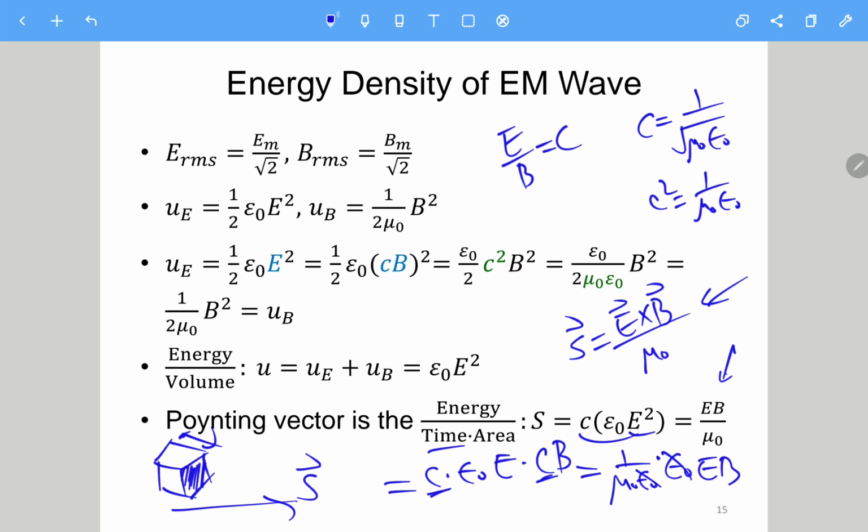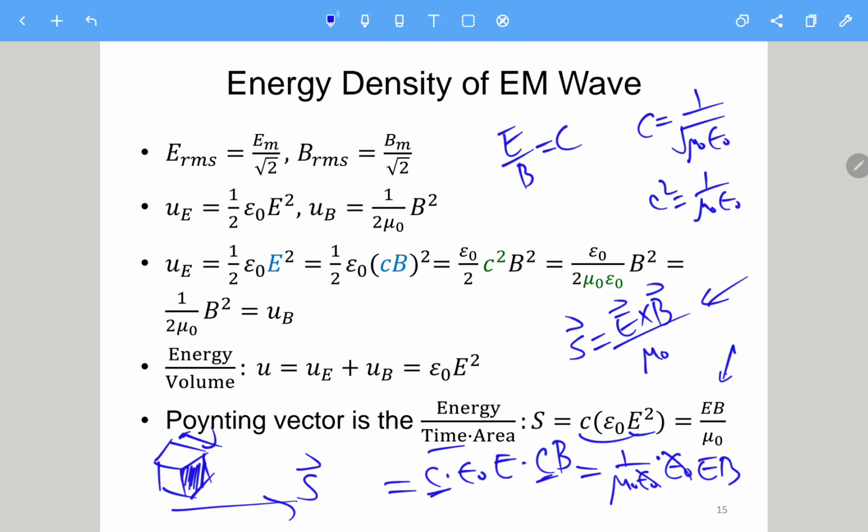Actually, it is according to the solution to the wave equation. And if you just look at the history of electromagnetism, it will tell you that James Clerk Maxwell discovered the Maxwell equations, and then he predicted the existence of the EM wave.